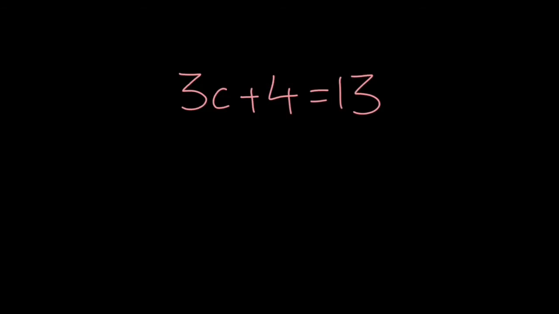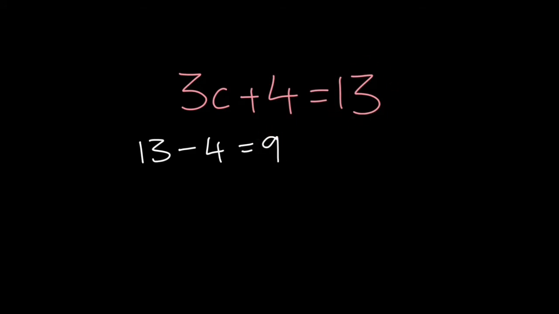So then, let's return to the original problem. We looked at 3c add 4, which is 13. We realised that 3c add 4 equaling 13 means I can actually remove 4 from 13. You might look at it as an inverse. 13 take away 4 equals 9. 3c has a value of 9.